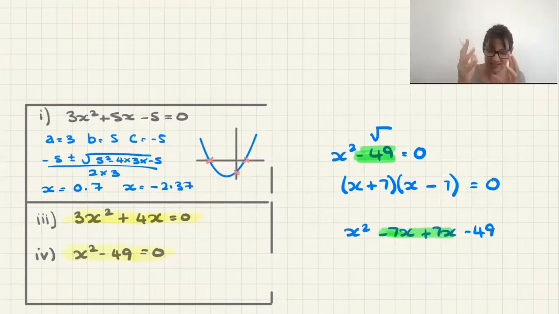It disappears, leaving me just X squared minus 49. And you'll always get this situation because you've got that minus and a positive, that minus and a positive, and then that minus and that positive cancels out the middle, and you end up with just 2 terms that should really be going into 2 brackets.